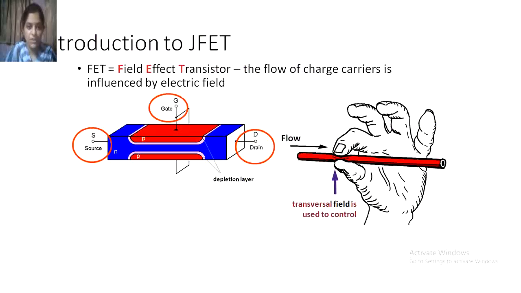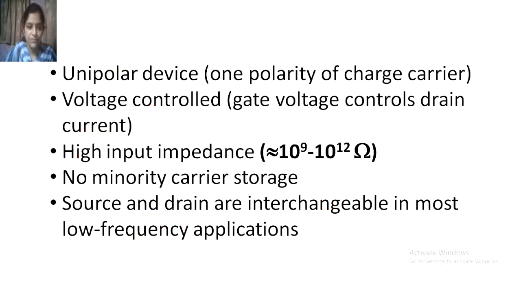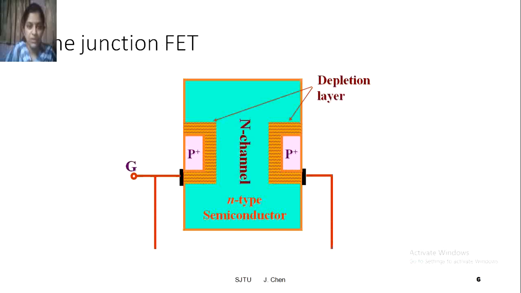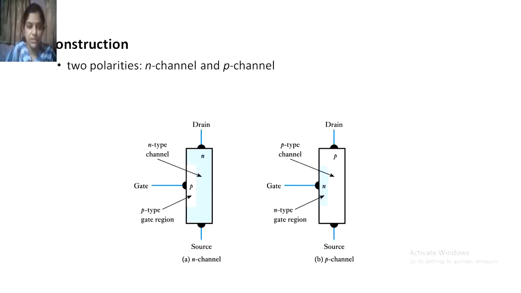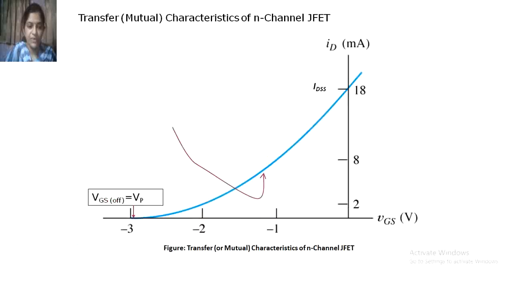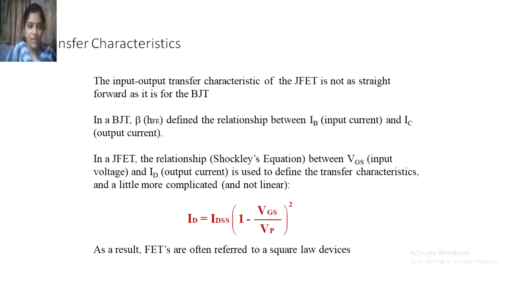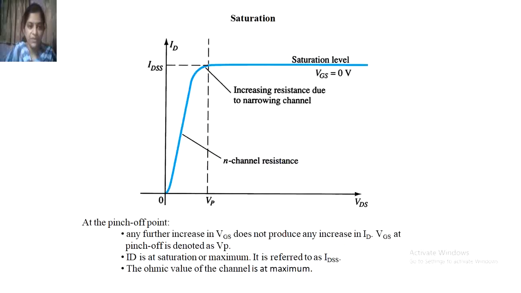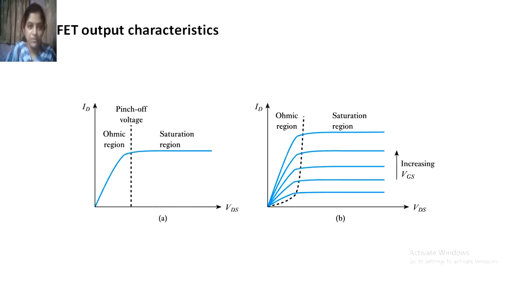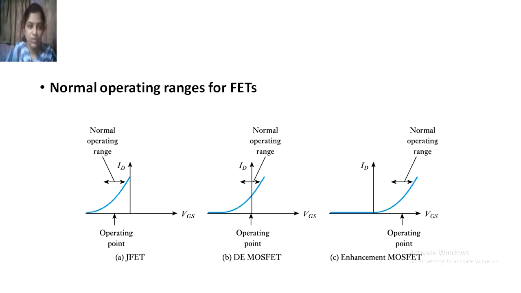We have seen the field effect transistor, then the n-channel construction, then the characteristics of the JFET, transfer characteristics of JFET, VI characteristics of JFET, output characteristics of the JFET, then the normal operating range of FET.